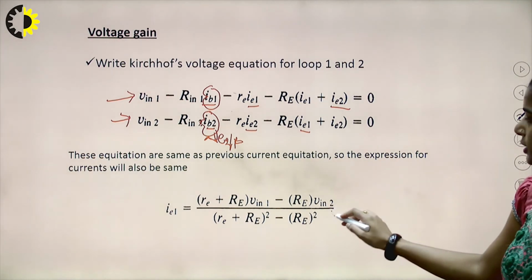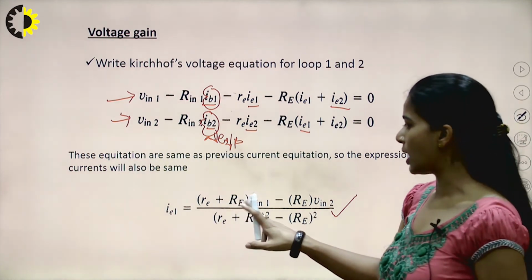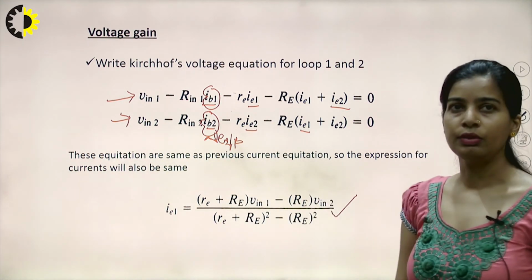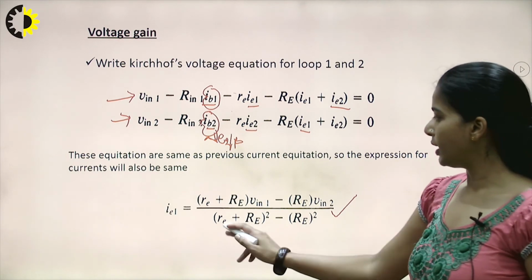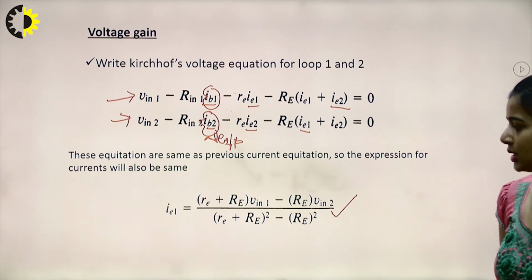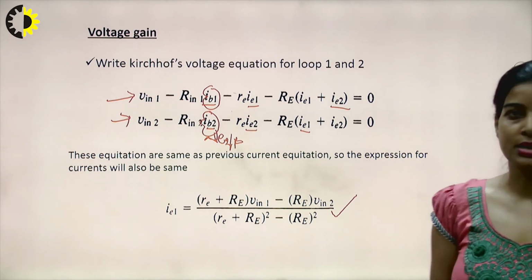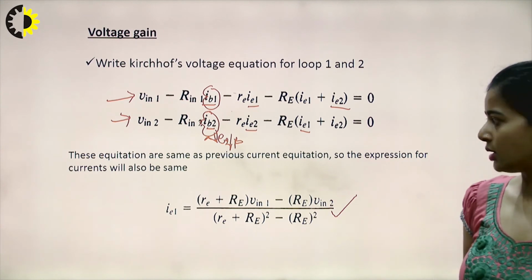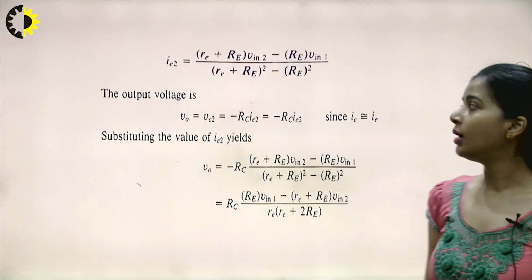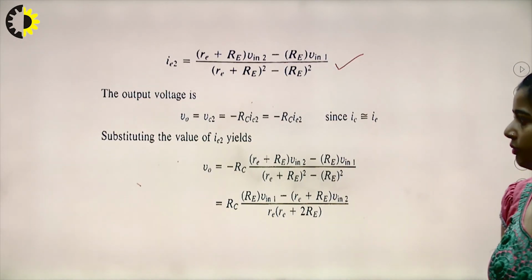The final expression that will appear is (RE plus re) Vin1 minus RE Vin2 divided by (RE plus re) square minus RE square. So this expression will also be exactly the same as that of the previous configuration. The complete derivation of IE1 and IE2 you can refer to in the previous video.